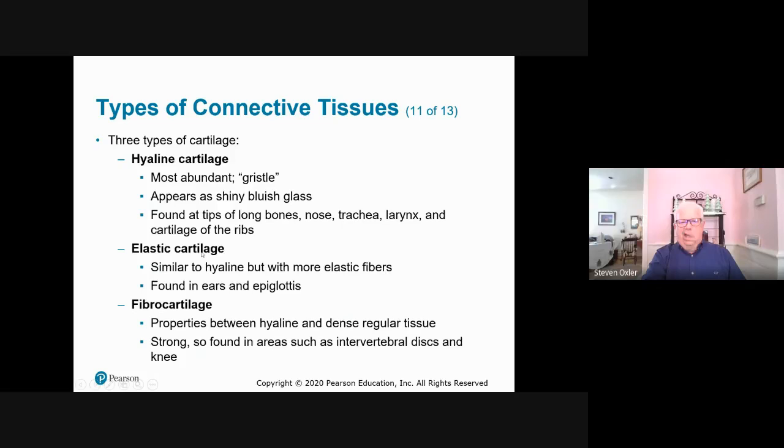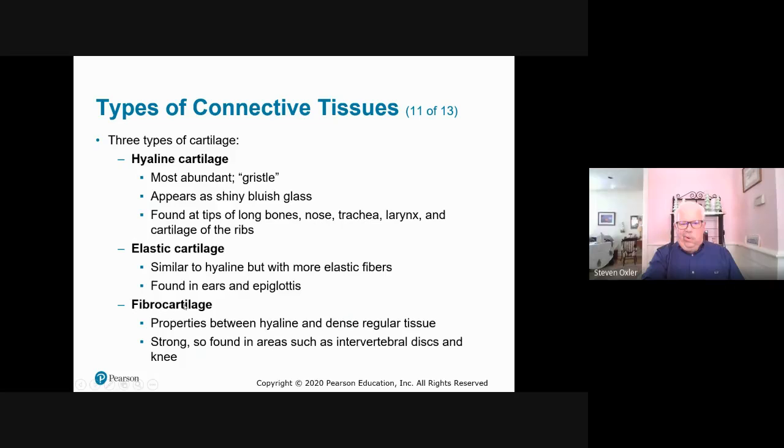Elastic cartilage. Elastic cartilage is elastic. Elastic begins with an E. It is in areas that begin with E, the ears and the epiglottis. So remember, elastic, E, ears, E, epiglottis, E.